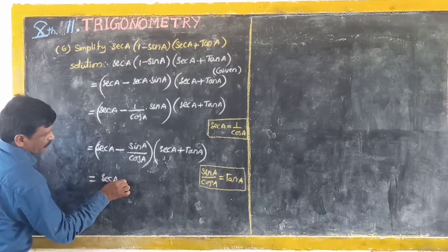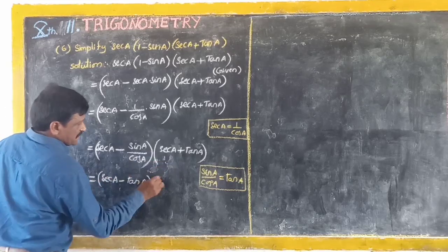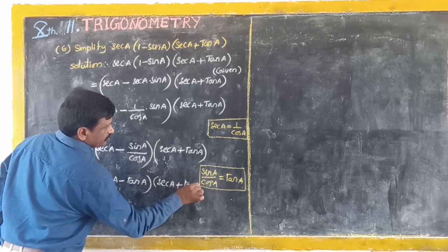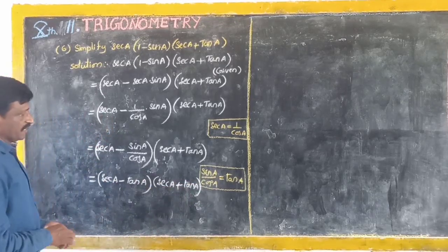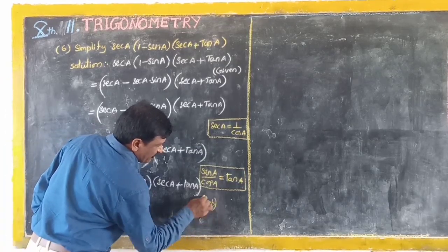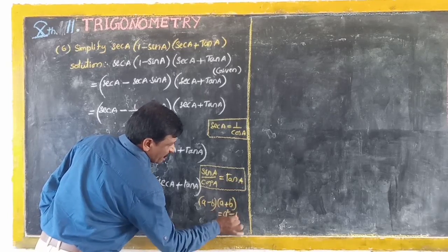Secant A minus tan A into secant A plus tan A. A minus B into A plus B is equal to A square minus B square.